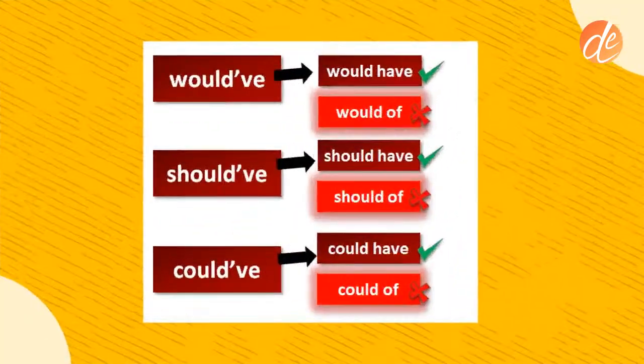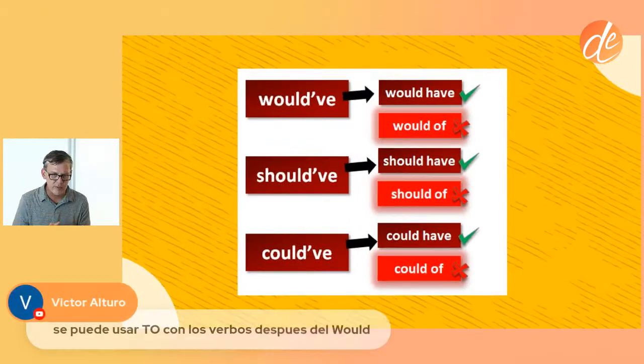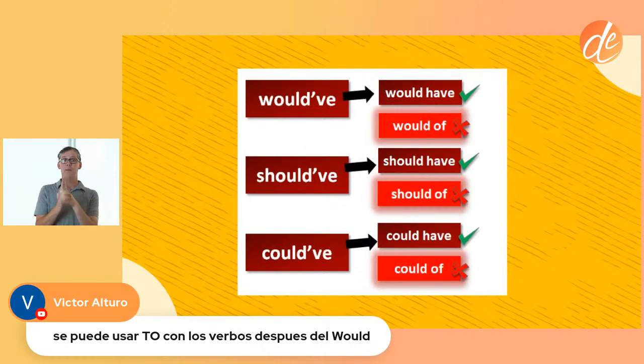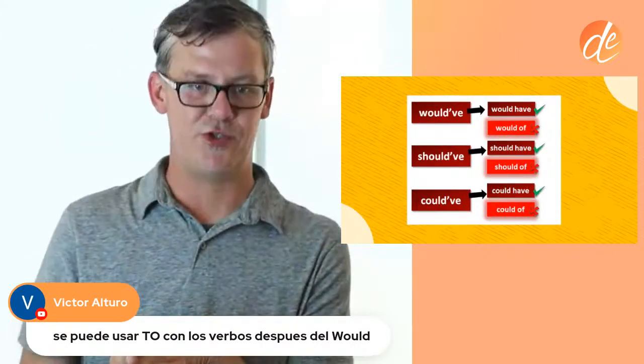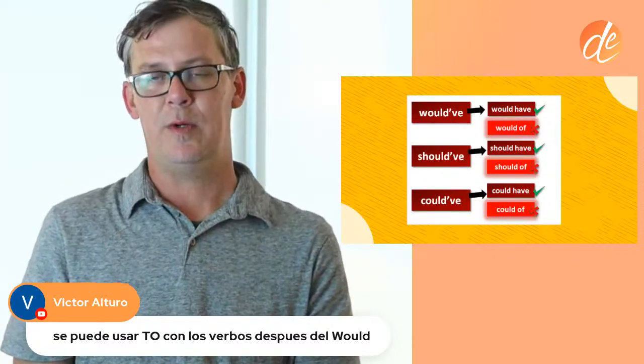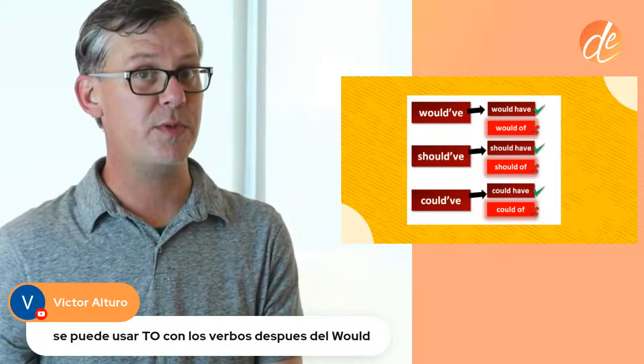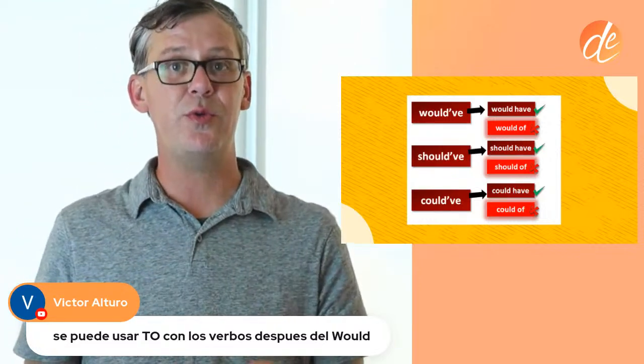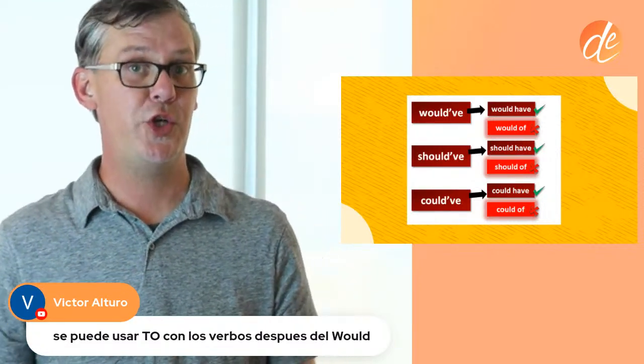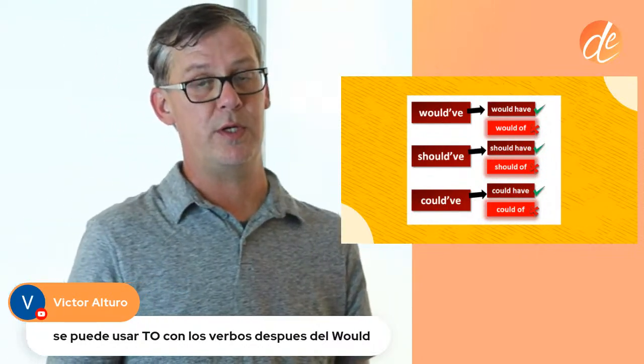Yeah. So on this one, a ver, se puede usar to con los verbos después de would. No, muy buena pregunta, Victor Arturo. That's a very good question. And no, unlike irregular verbs or regular verbs, we do not use the preposition to with modal verbs, okay?